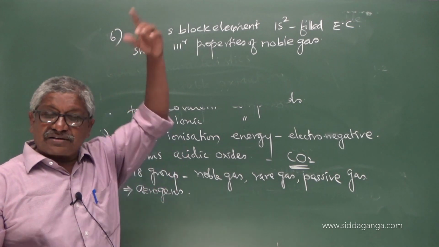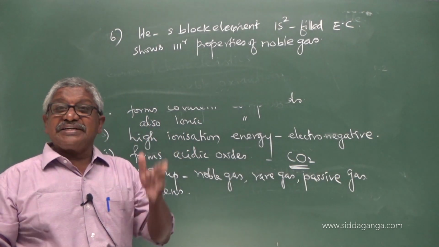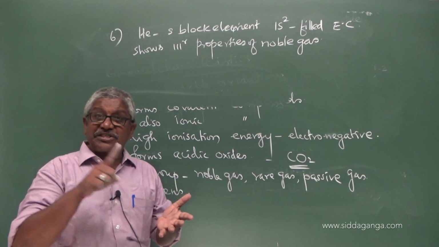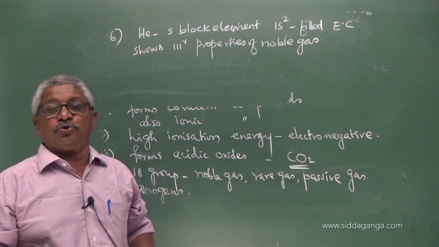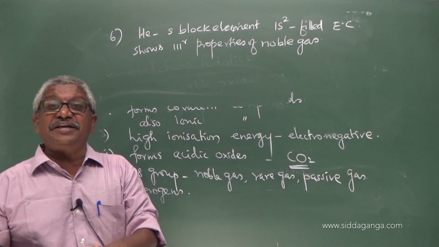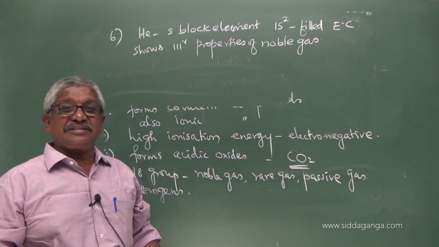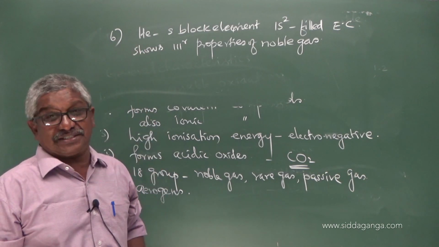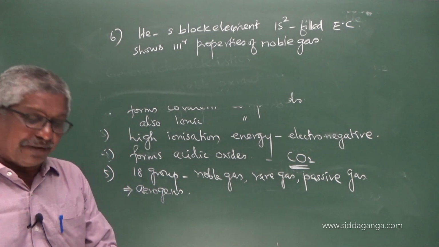It is an S block element, but it has a completed electronic configuration. Due to that, it is placed in the 18th group and its properties are similar to the rare gas or noble gas. For that reason, in the 18th group, at the top, helium is placed.